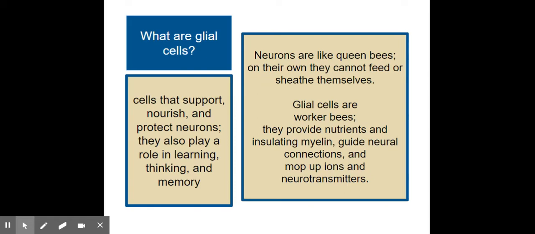They help position neurons so that they can attach to one another, and any excess ionized particles or neurotransmitters that might fall out of the synaptic gap, which we'll talk about in a second, they are responsible for general upkeep and cleaning up those neurons and neurotransmitters.